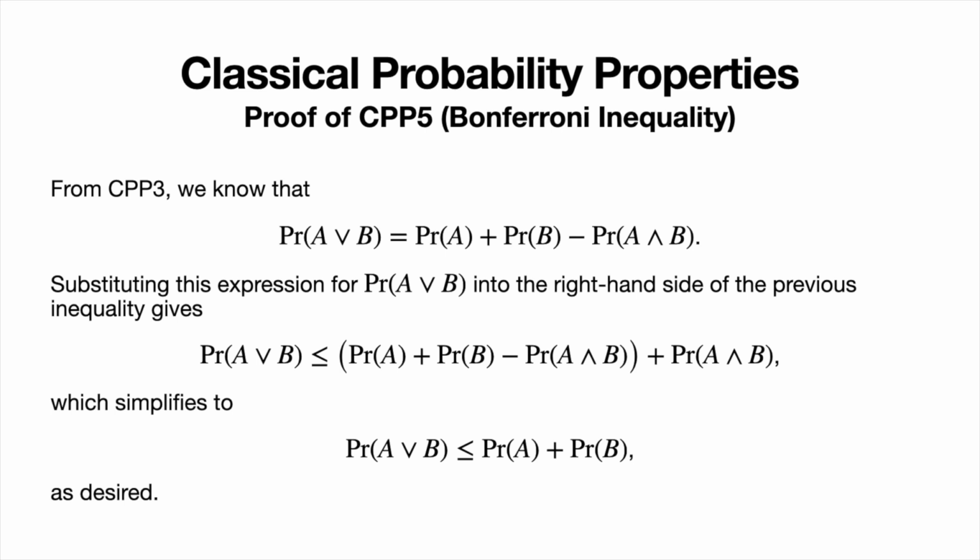And so this simplifies to the probability of A or B being less than or equal to the probability of A plus the probability of B, as desired.